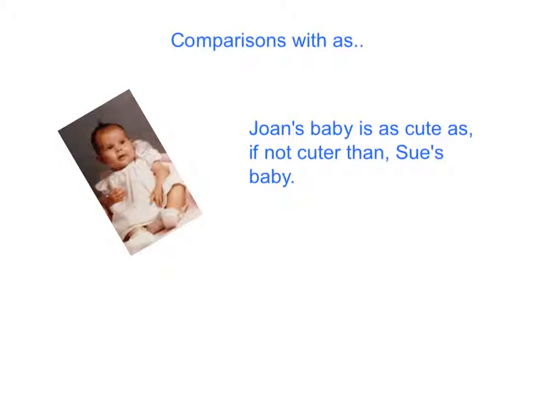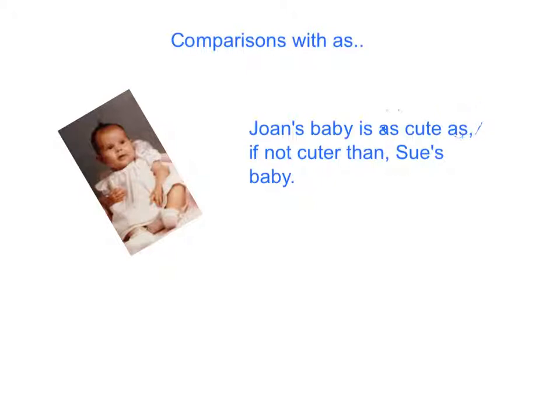So we can say Joan's baby is, we have to say as cute. I've got as cute as. I need the both as's in there. When we say it in writing, we tend to want to say is as cute. We tend to leave this one off, okay?